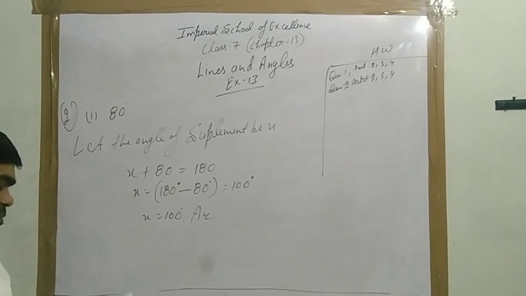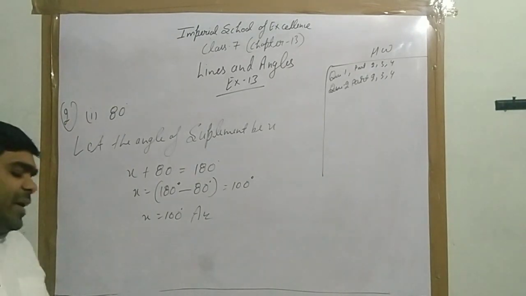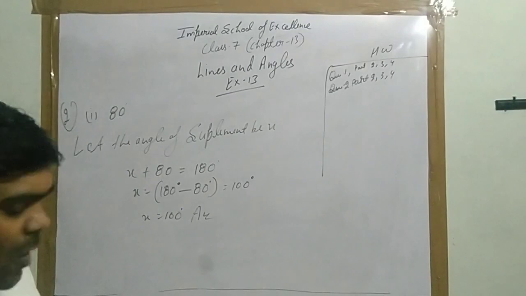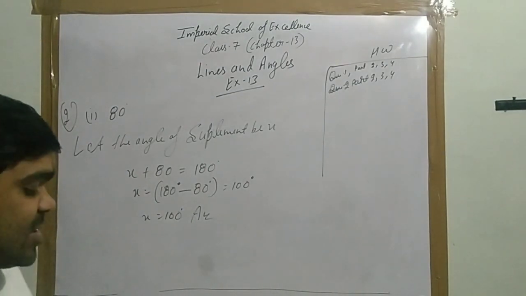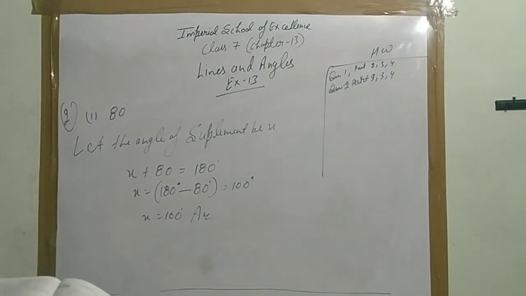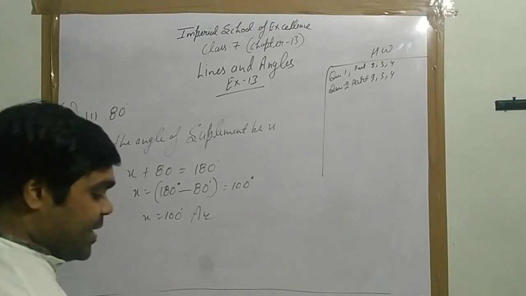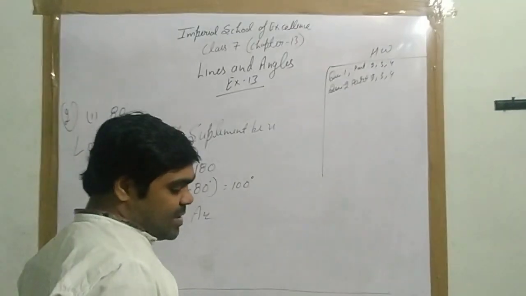Among two supplementary angles, the measure of the larger angle is 36 degrees more than the measure of the smaller. Find their measures. That is the third question.